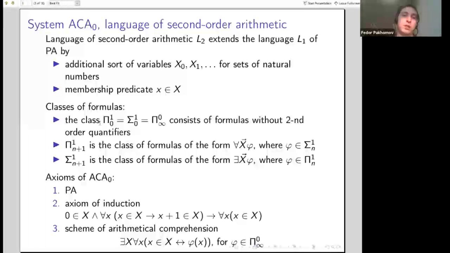The classes Π1 n+1 and Σ1 n+1 are just formulas with second order quantifier prefixes followed by a Π10 formula, that is, a formula without second order quantifiers. Okay, so this is basically the usual definition of classes of formulas in second order arithmetic.